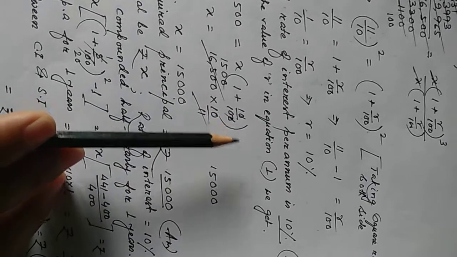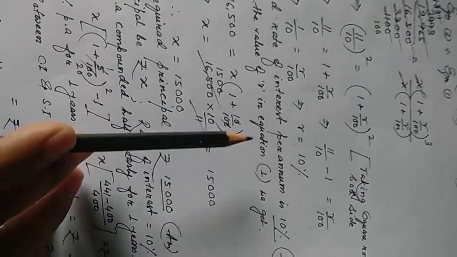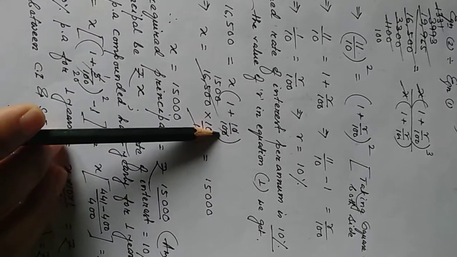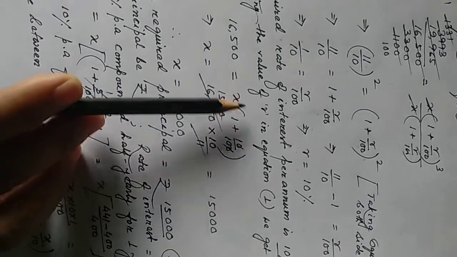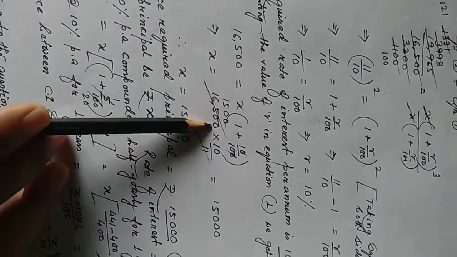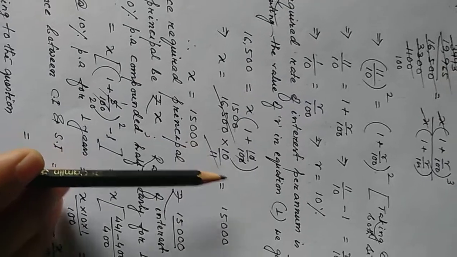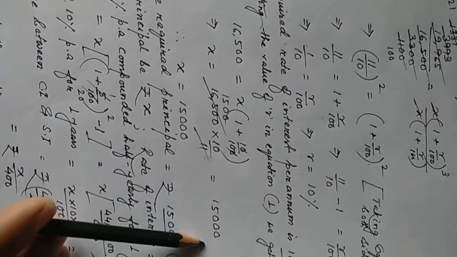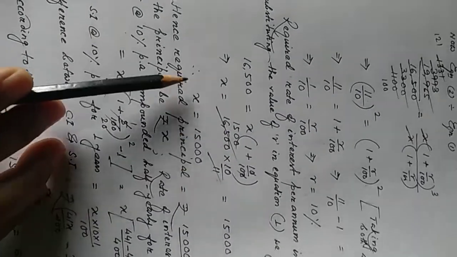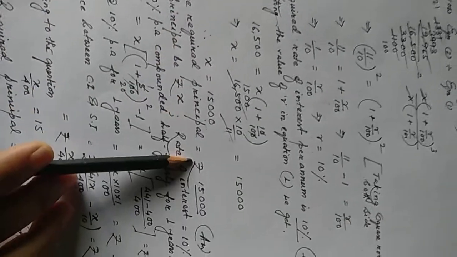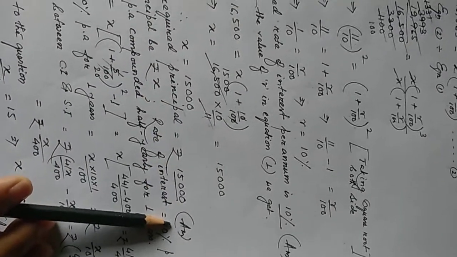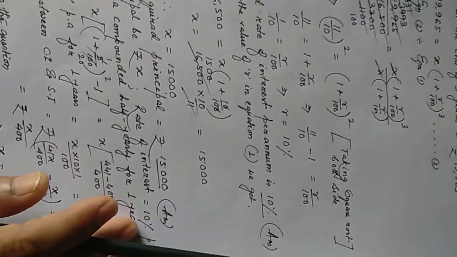Reducing it, this will be 11 by 10. Now X equal to 16,500 into 10 by 11, solving it, it's coming 15,000. So X equal to 15,000. Hence the required principal is 15,000 and the rate is 10%. So this will be the answer.